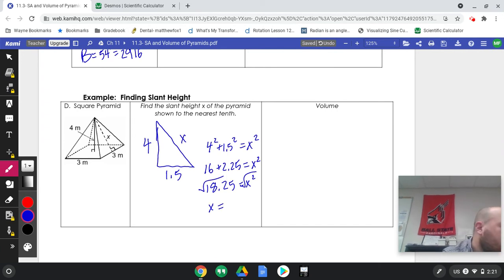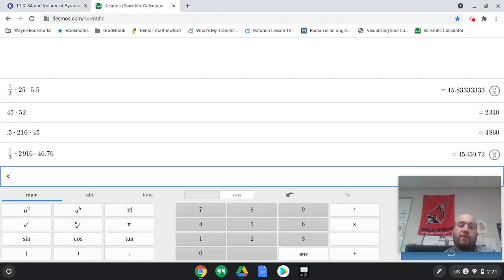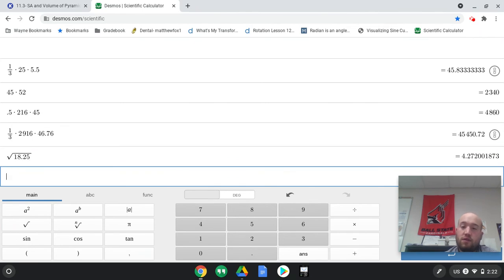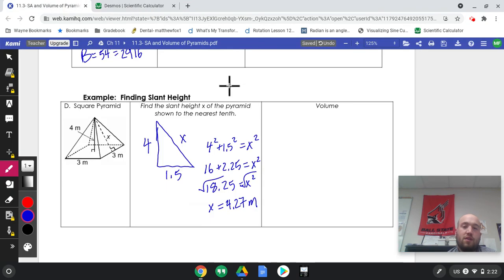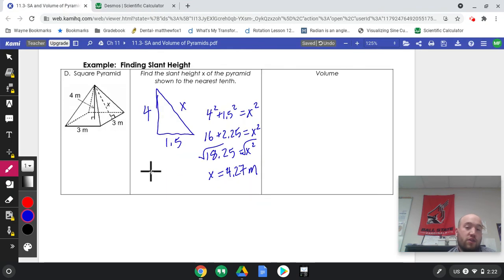X will equal then 4.27. That's just going to be meters. If you want to know how I got that, square root of 18.25. As you can see, 4.272. It keeps going and going. We'll round to 4.27.